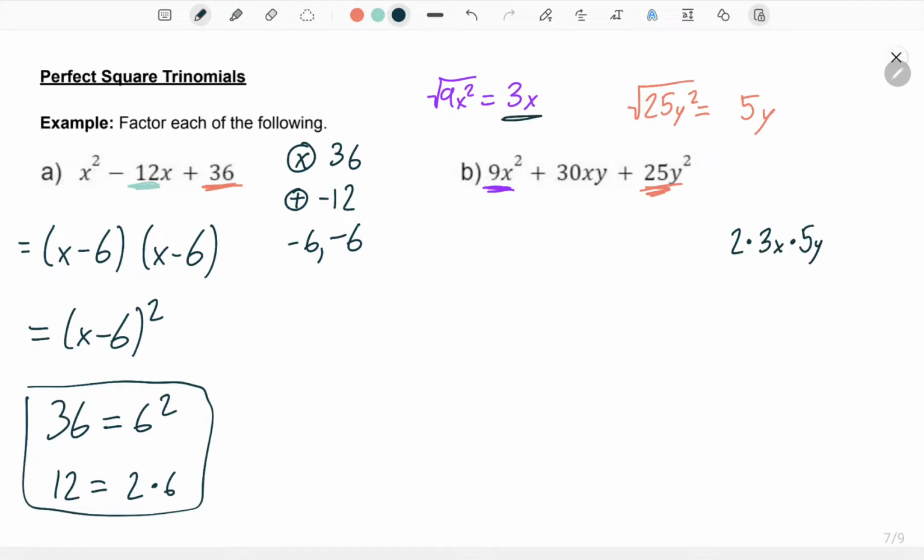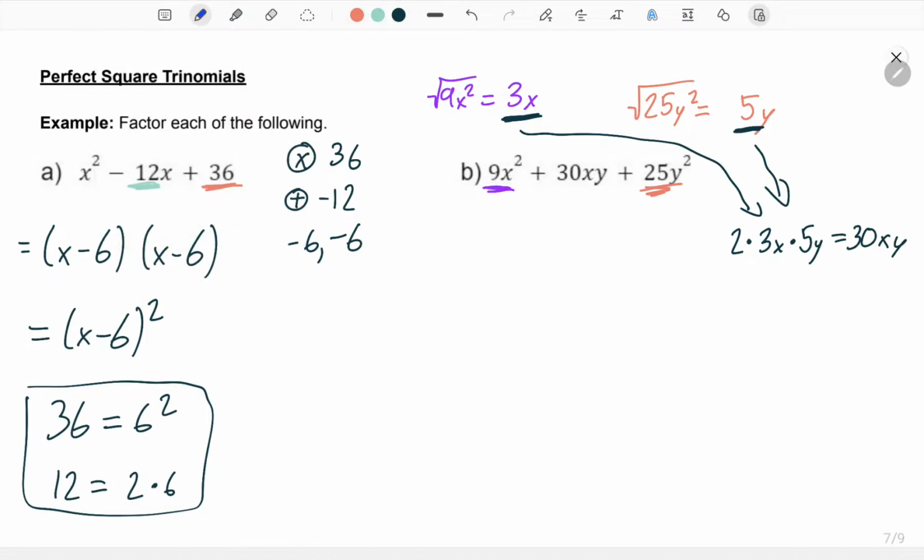So I'm using both the 3x and the 5y, because those are, in a sense, the perfect squares on either end of the trinomial. And if you multiply this out, 2 times 3 times 5 is just 30xy. And look at that.